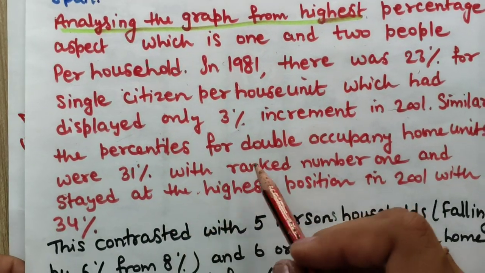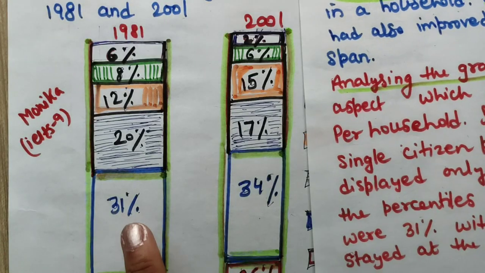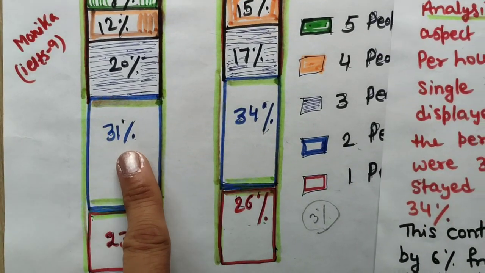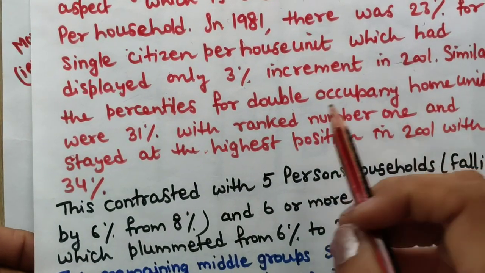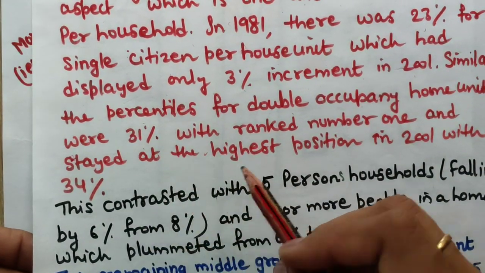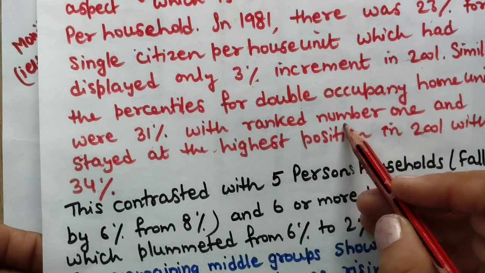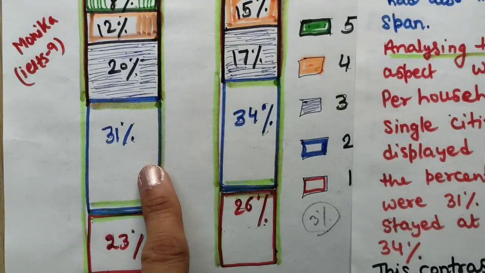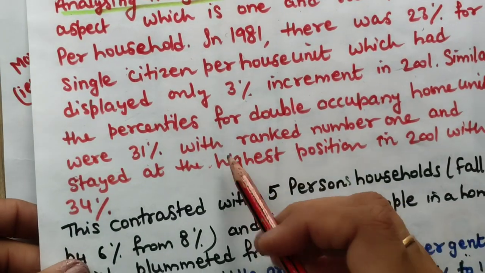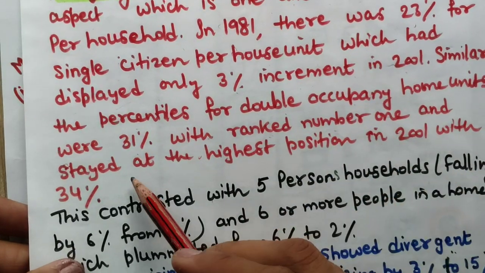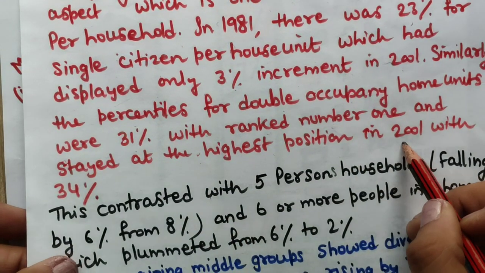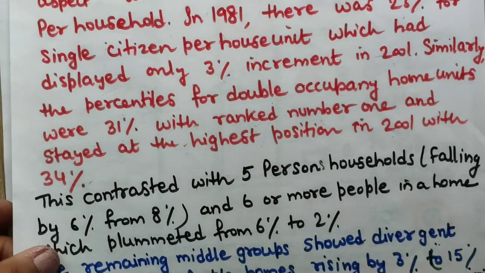Similarly, the percentages for double occupancy, so this is double occupancy. Okay, home units were 31% with ranked number 1 and stayed at the highest position in 2001 with 34%.